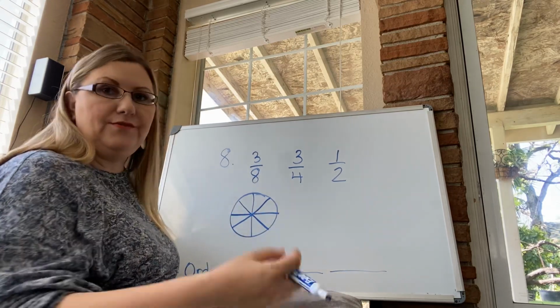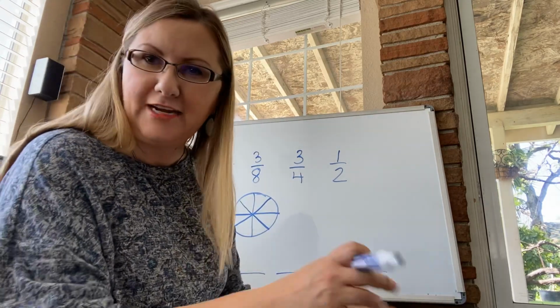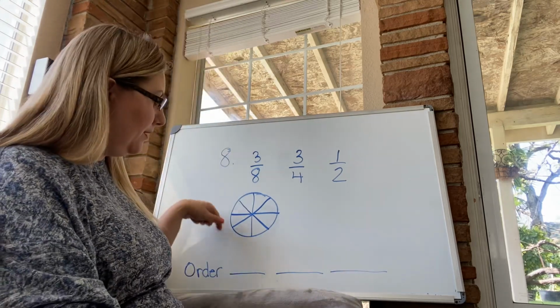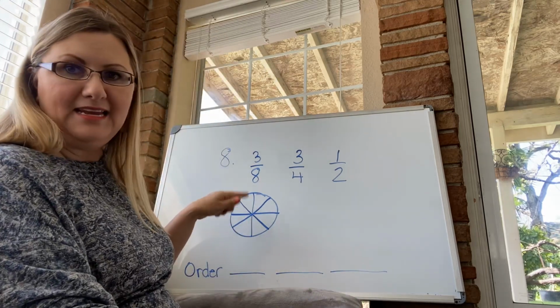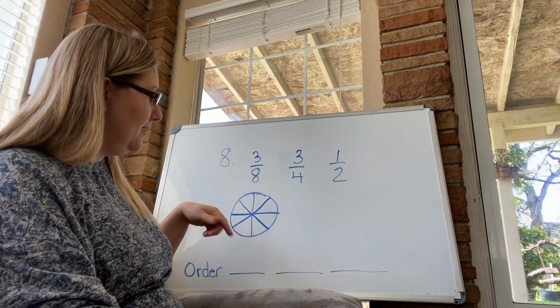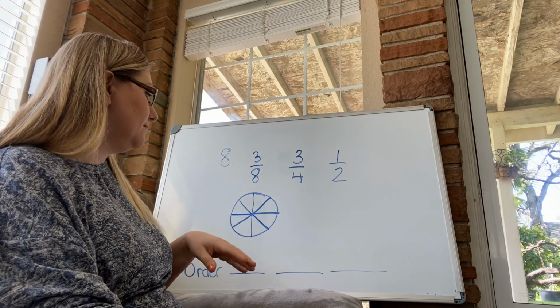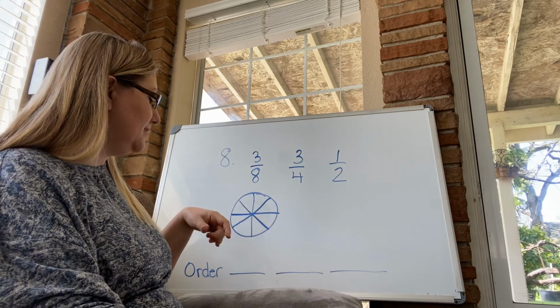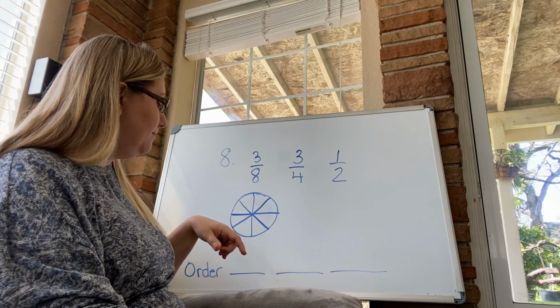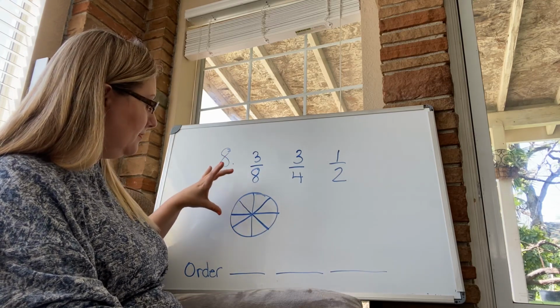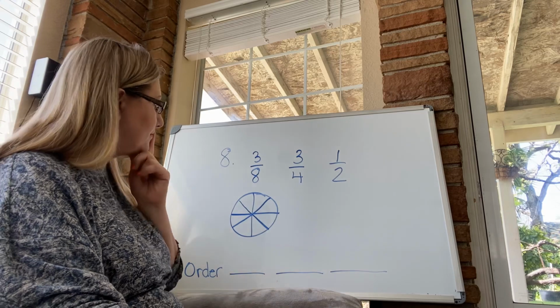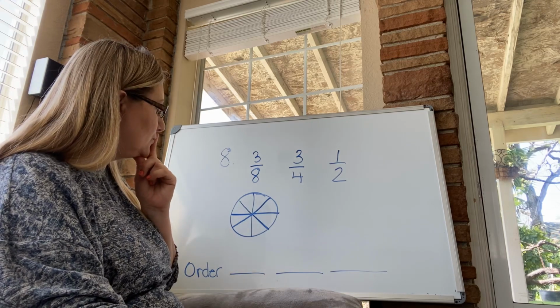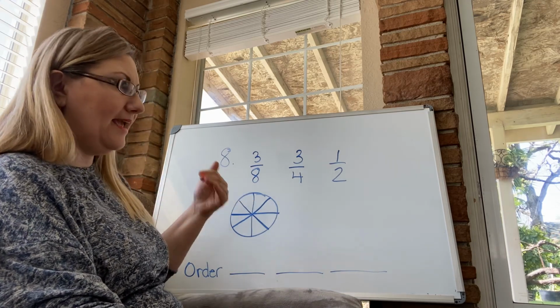And of course, if you take the time and get your fraction circles, you'd want the fraction circle that has 8 different pieces, and then, well, you would want 3/8 of it.